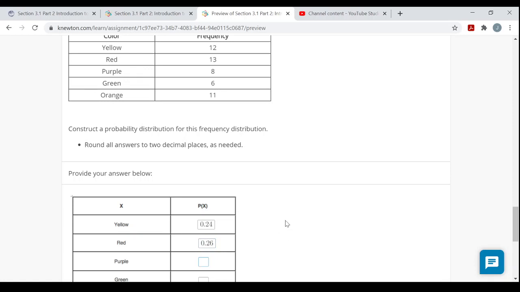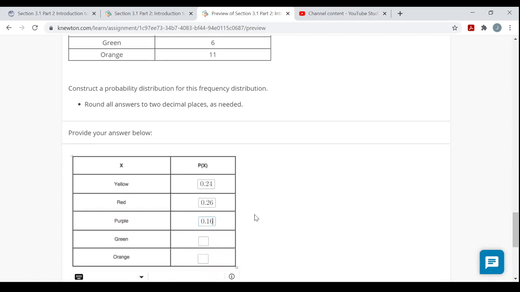What's the probability of selecting a purple? 8 out of 50, or 16%, 0.16 as a decimal. The probability of selecting a green candy is 6 out of the 50, or 12%, 0.12. And finally, the orange, 11 out of the 50, or 22%, 0.22.